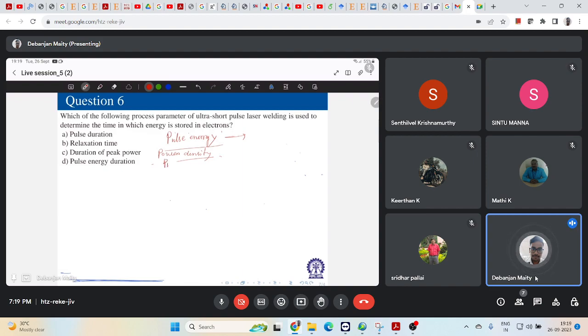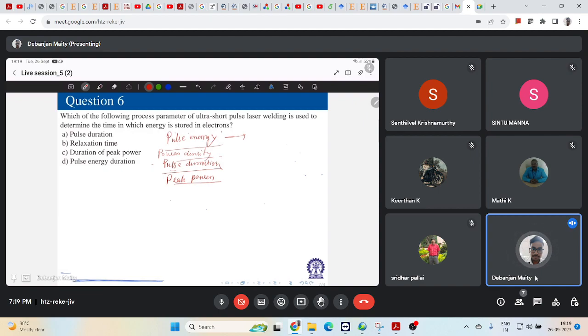Then you have pulse duration. What is pulse duration? The length of the time that the laser energy pulse is on, right? Then you have peak power also. What is peak power?